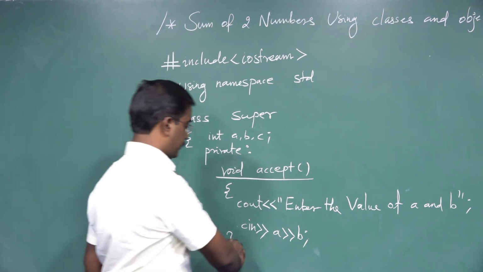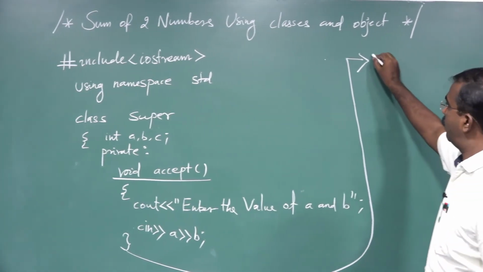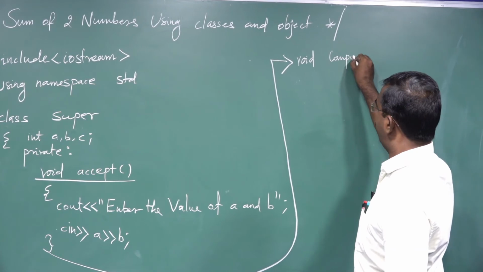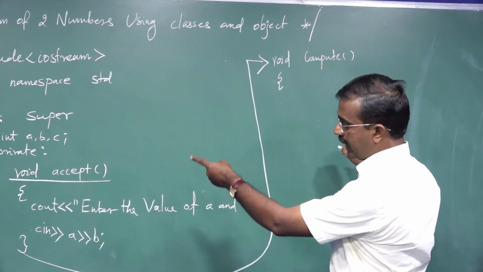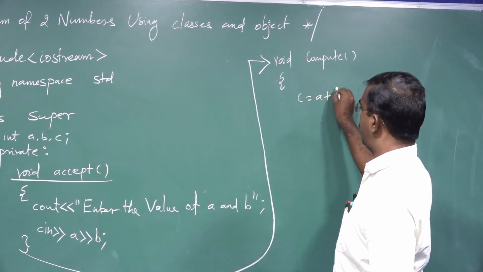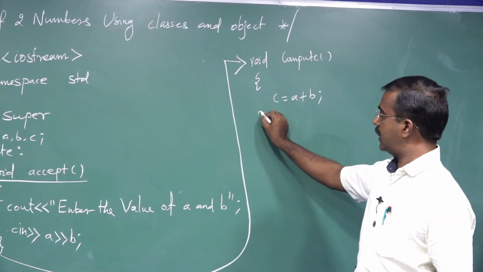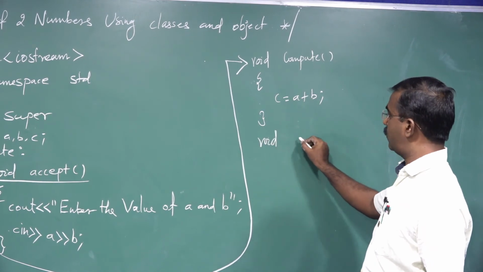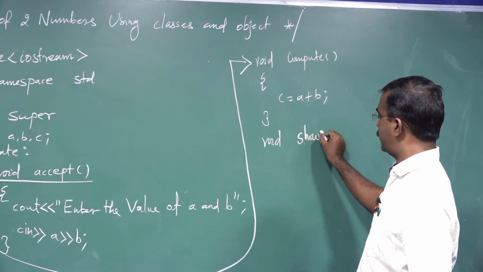The next step in this program: void compute. In this compute process, we know A, B, C. So C equal to A plus B, terminated by semicolon, then close braces. And then void show, or display, anything, that is our wish.